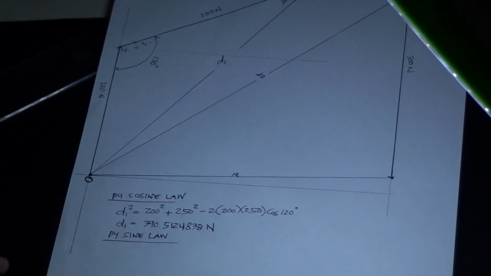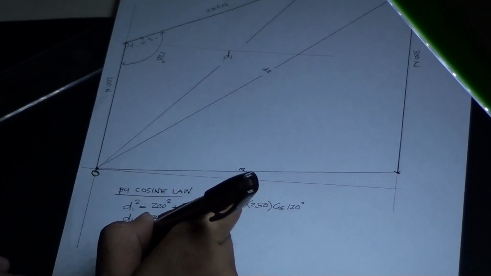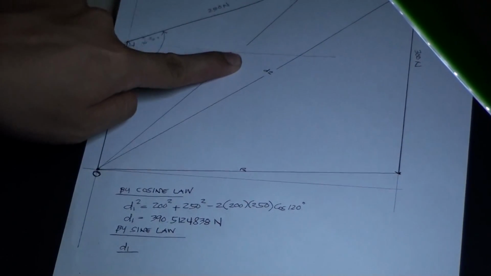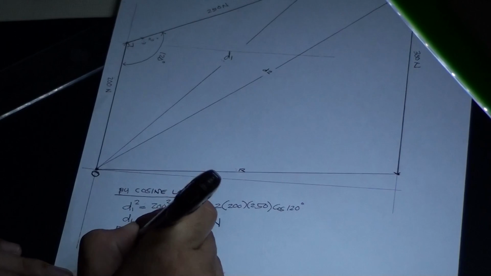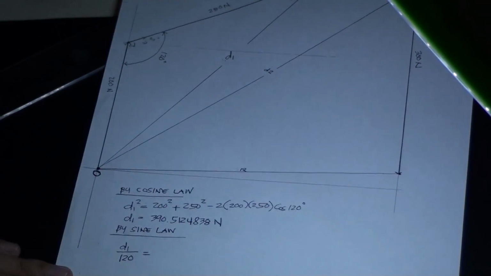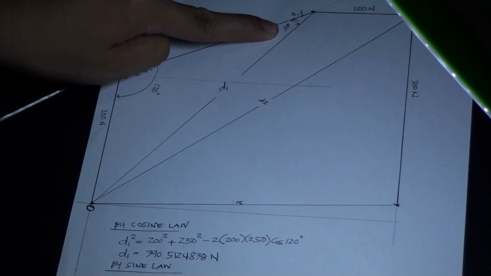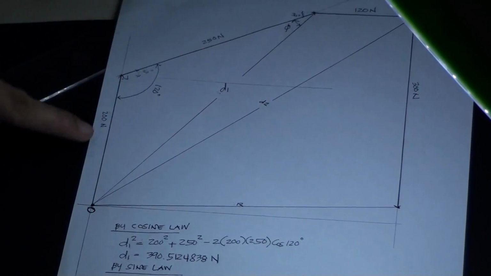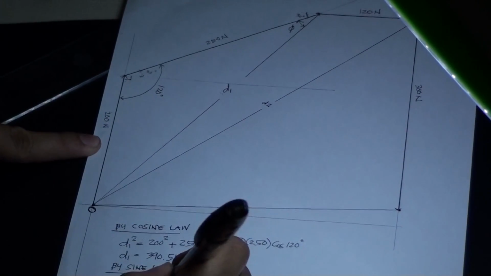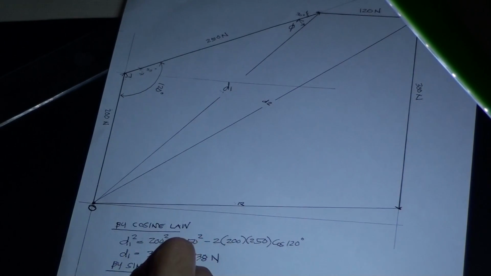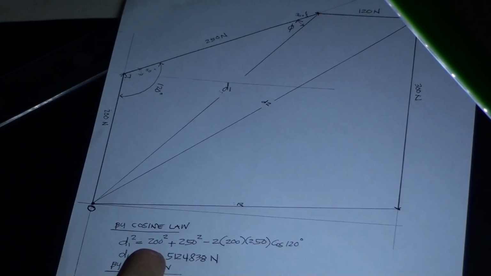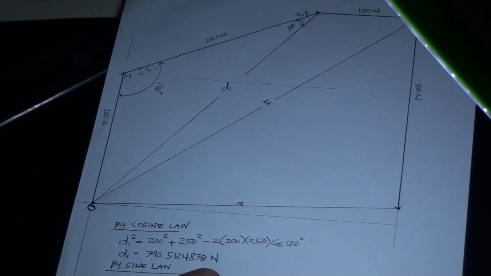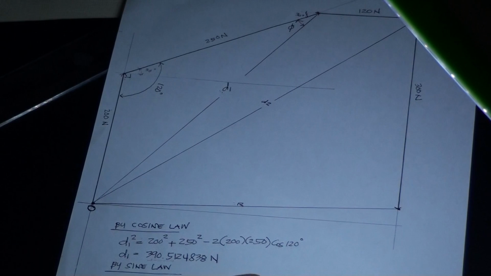So sine law, you have D sub 1 opposite to that angle which is 120 is equal to sine P, which is the unknown, as to the angle, the opposite of that, which is 200. Since D sub 1 is known, 390, you just replace D sub 1 with this value, ending up by cross multiply, you can get immediately the value for P.